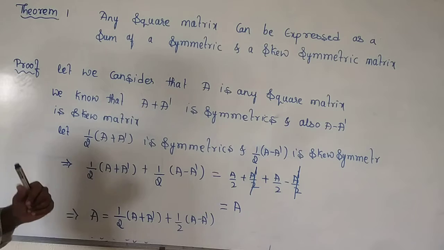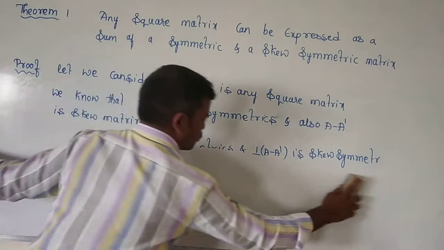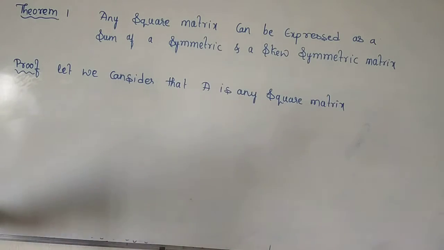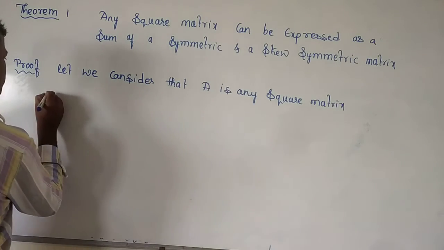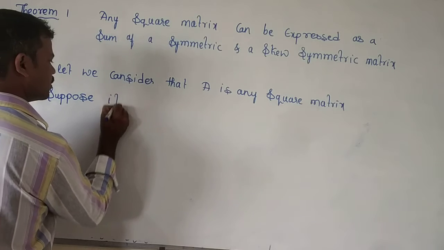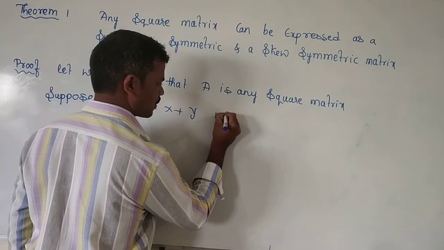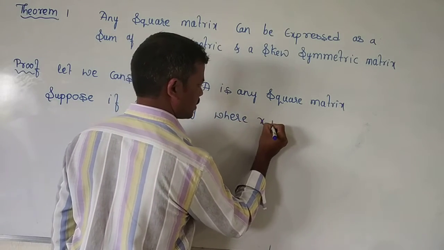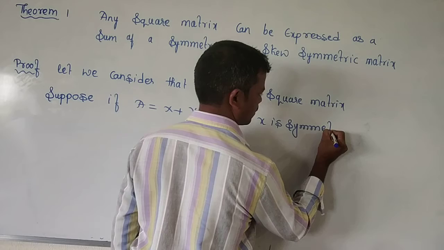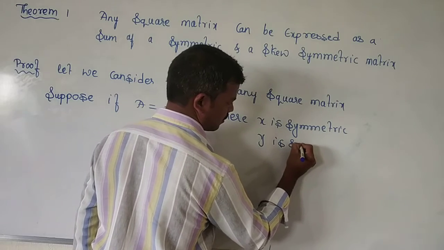So to prove the uniqueness, suppose A is expressed as X plus Y, where X is a symmetric matrix and Y is a skew symmetric matrix.